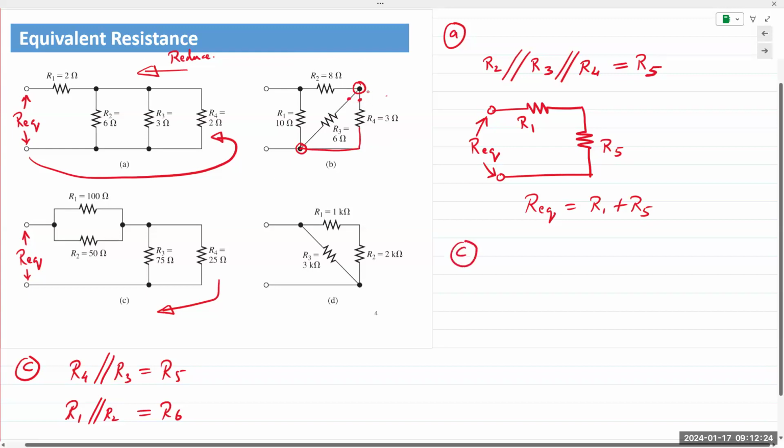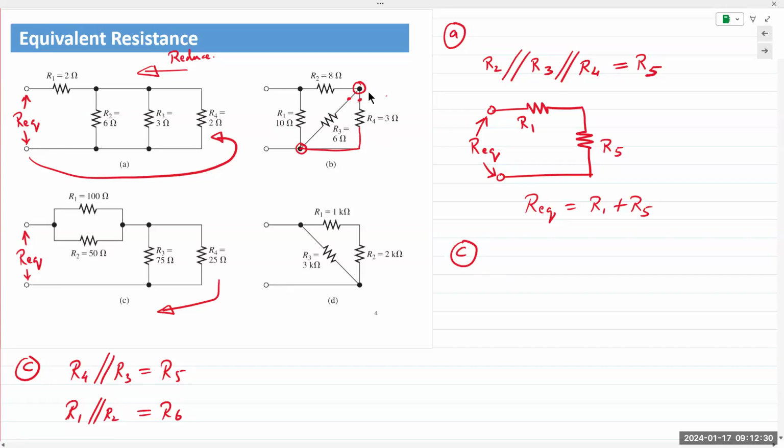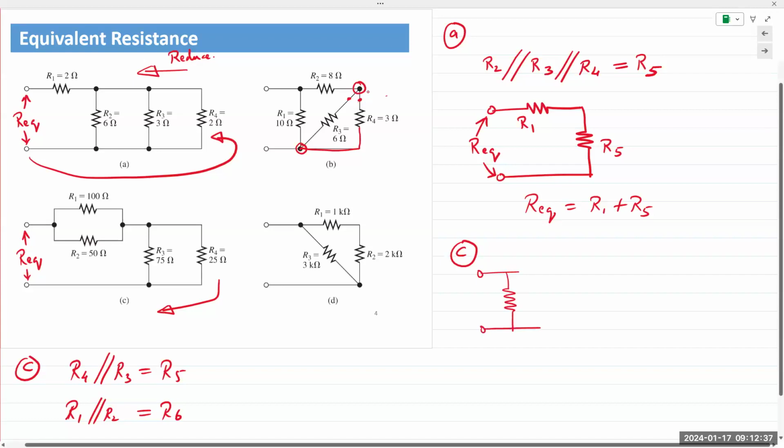So example B can also be drawn like this. There's R1, R2, R3, and R4.